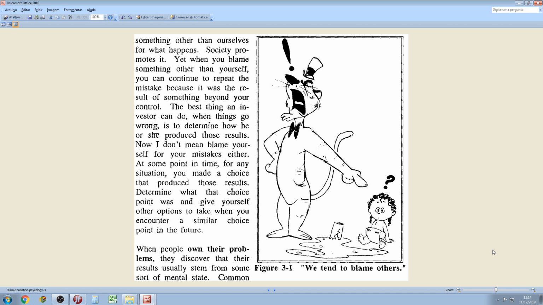If you blame the weather, how can you control the weather? If you blame your spouse or your husband, how can you control your spouse or your husband? If you blame the broker, how can you control the broker? You can't. But when you say it's me, I am 100% responsible, then you can change and you can improve.